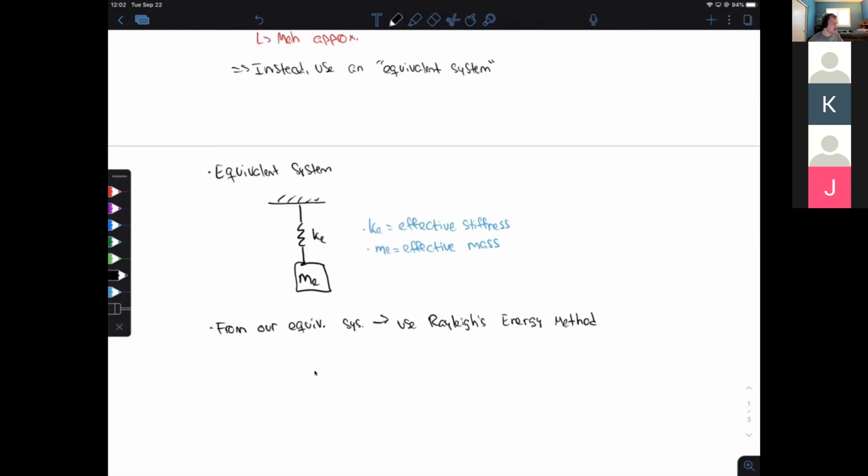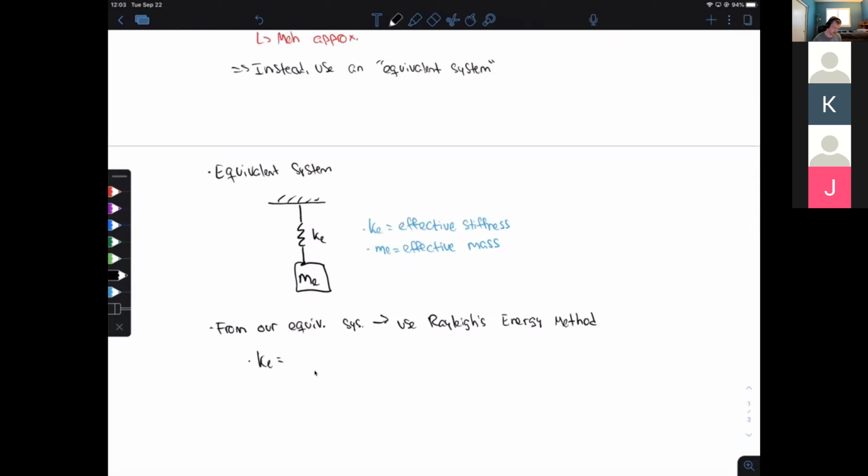Okay, so Rayleigh's energy method for our equivalent system is going to define mathematically what our effective stiffness and the effective mass are, based off of the geometry of our beam. So we have K sub E, our effective stiffness.